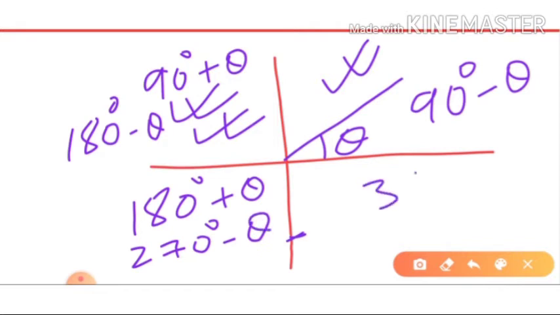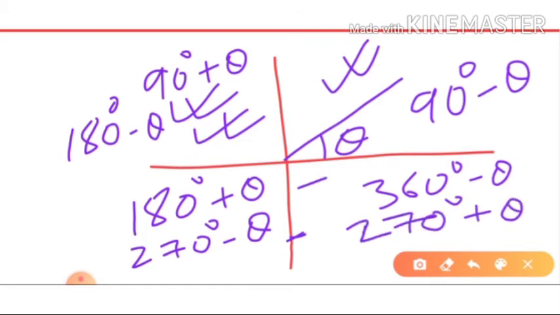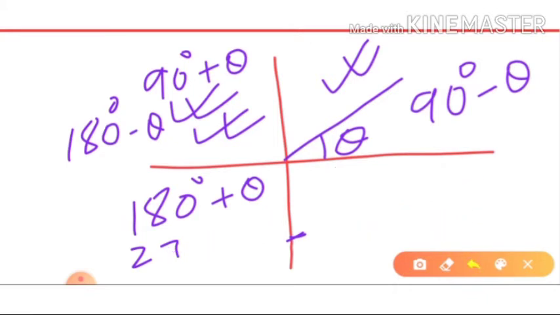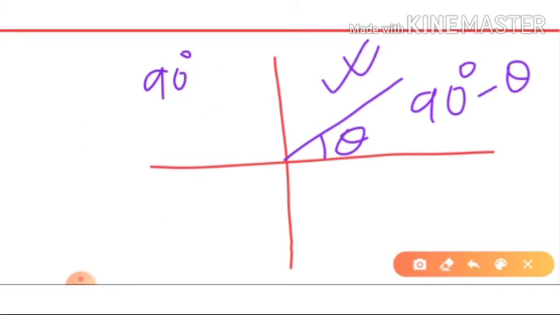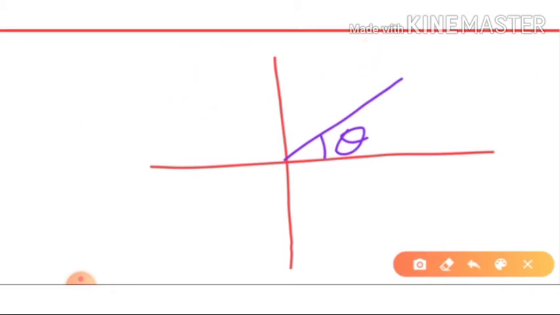This will be 360 minus theta, this will also be 270 plus theta, and sometimes we also say minus theta. Okay, so you have to remember all this: on adding to the angle or subtracting from the angle, in which quadrant it will fall.